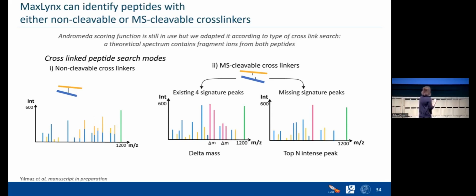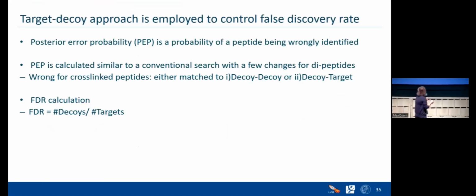We still use the Andromeda scoring function, but we made some changes because of the nature of the crosslinker. After we do the identification at the peptide to spectrum level, in MaxQuant we do the FDR calculation, and when we do the FDR, we calculate the posterior error probability.